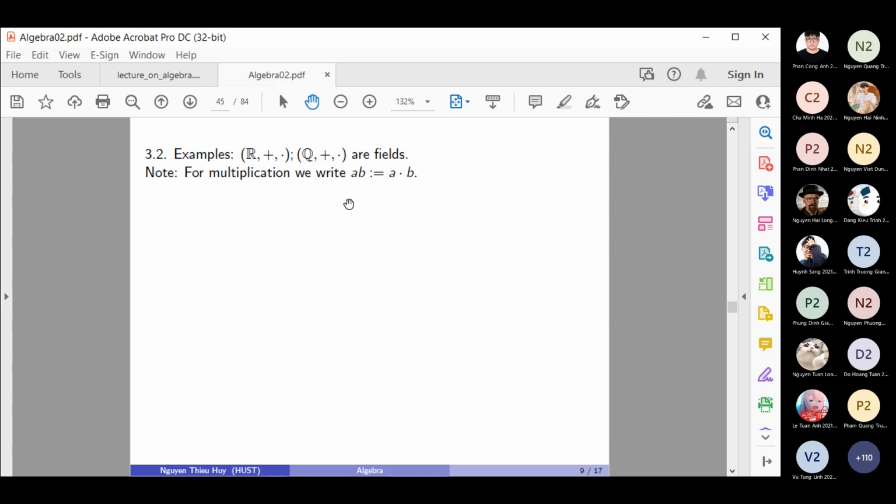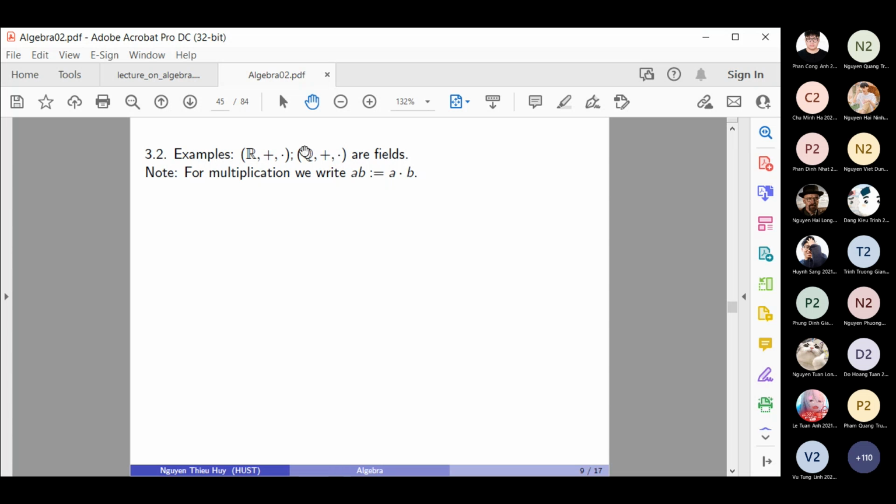Good. So you see R with addition and multiplication here, as I said before, is a field, not only a commutative, non-trivial ring, but every non-zero element always has a multiplicative inverse. The same for Q with addition and multiplication.